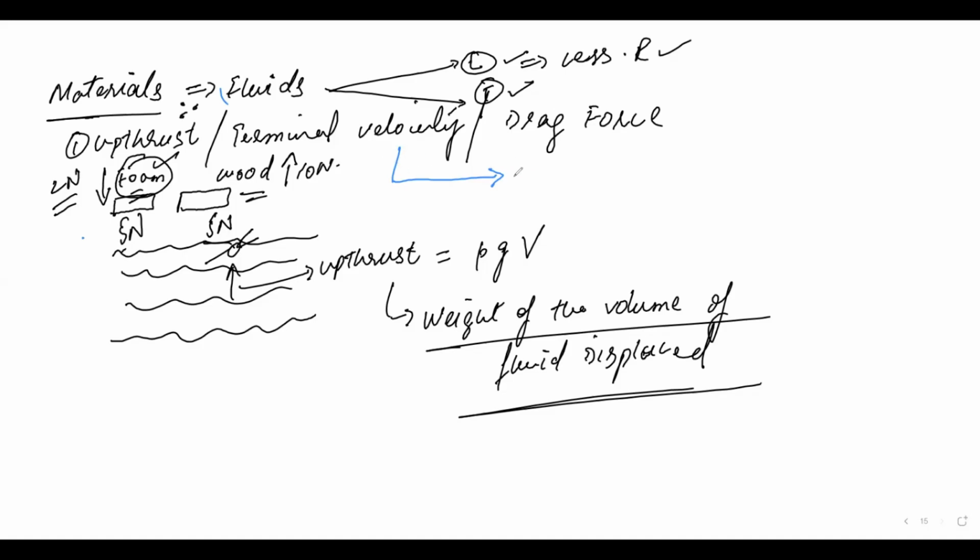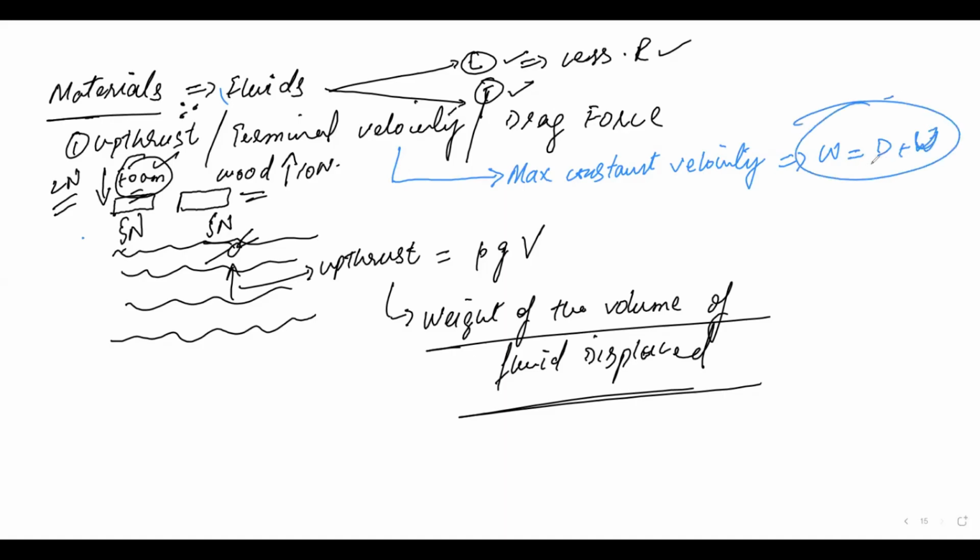Whenever you talk about the terminal velocity, it is a maximum constant velocity, the velocity at the instant when the weight of an object falling through a liquid is equal to the drag plus the upthrust. Got that?